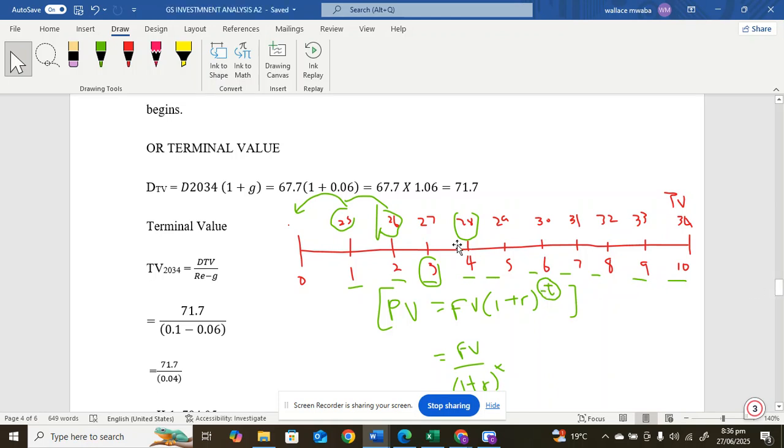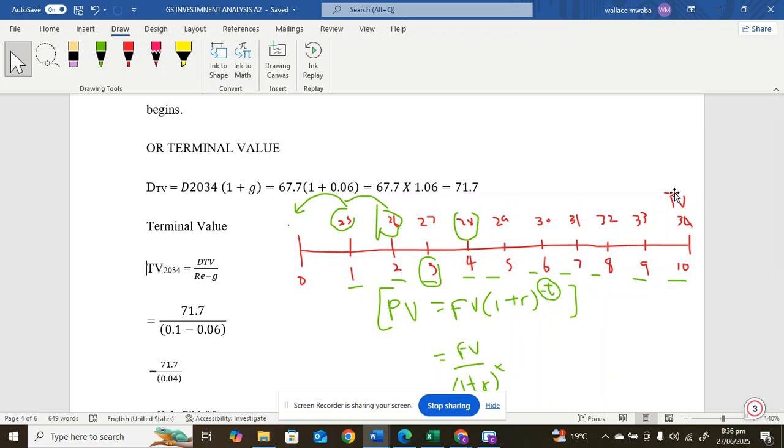So all the expected dividends from 2025, I know 2025 has no dividend paid, but according to the timeline, from 2025 up to 2034, all those dividends we have to convert into the present value today. And apart from that, we also have to get the present value for our terminal value, which represents the dividends after 2034.